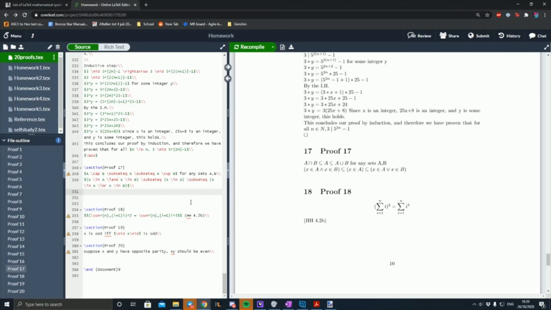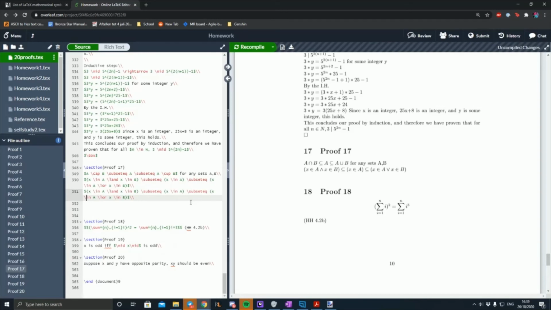So you can make an implication: for every x, if x is in A and in B, then x is in A. Let's turn this into two separate problems real quick, because I don't like this tree subset sign. So I will say this is a problem, and x in A is a subset of.